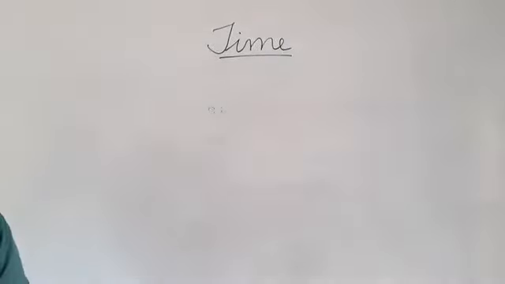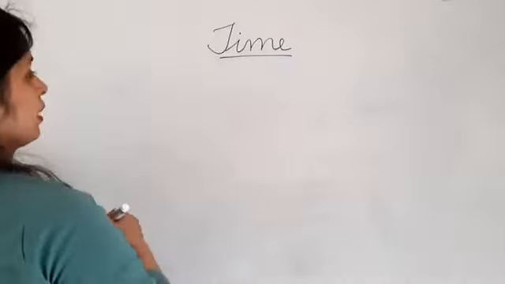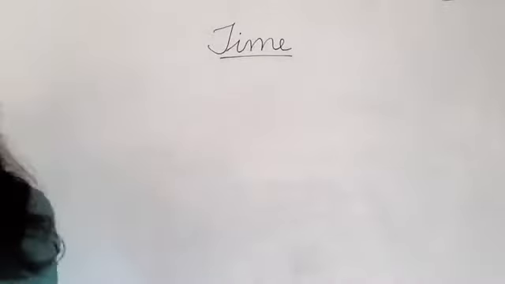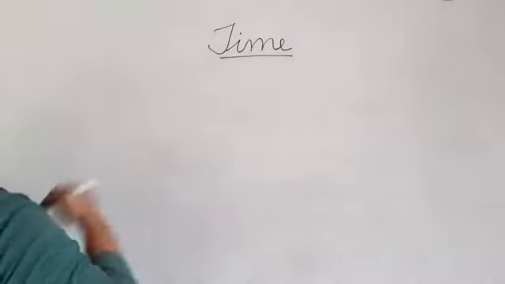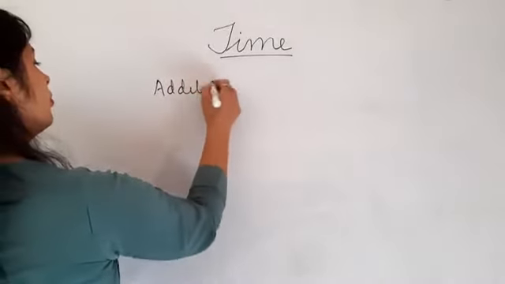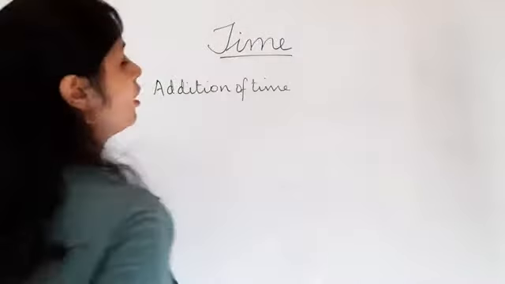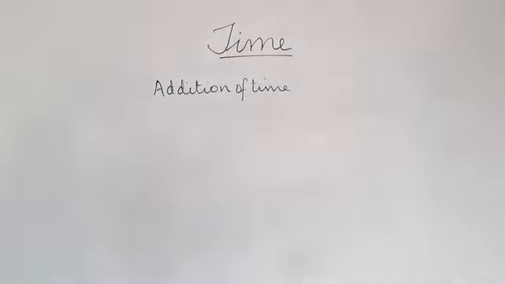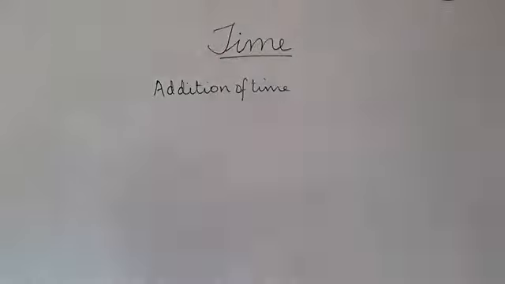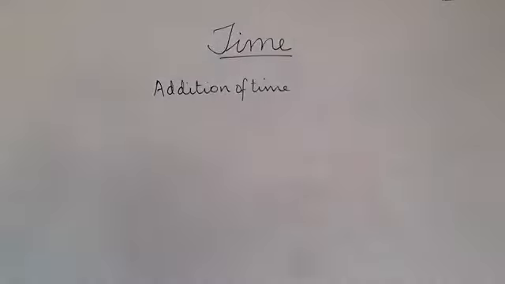We find out time, and then some addition rules of time. Addition of time. Always keep in mind that when we are adding time, minutes are always added to minutes, seconds are always added to seconds, and hours are always added to hours.